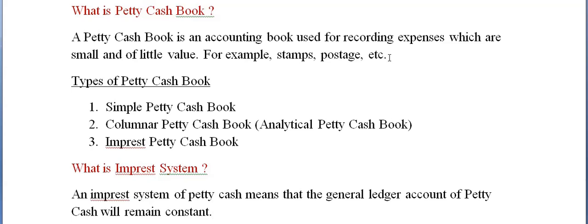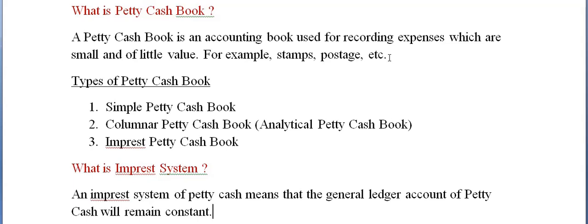So the petty cashier will now start recording the petty expenses. Under this Imprest system, until and unless the Imprest amount has been collected, he won't be able to start recording the petty expenses in the petty cash book.